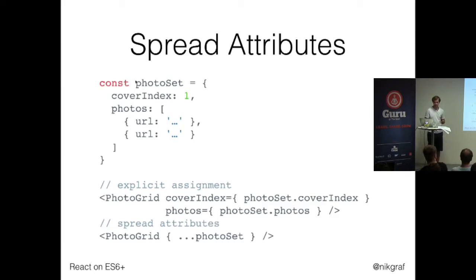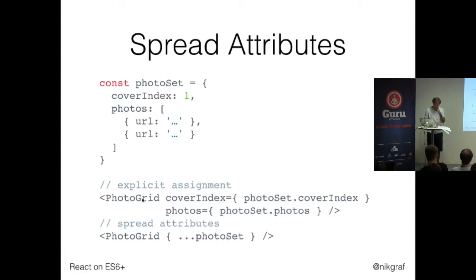Let me explain with this example. For example, if you have this photo set, in this case photo set is a simple object. It has a cover index, that defines which of the photos should be the cover of the photo set. And then you have photos, which simply are objects with a URL. This would be the object that I get from the server, for example.